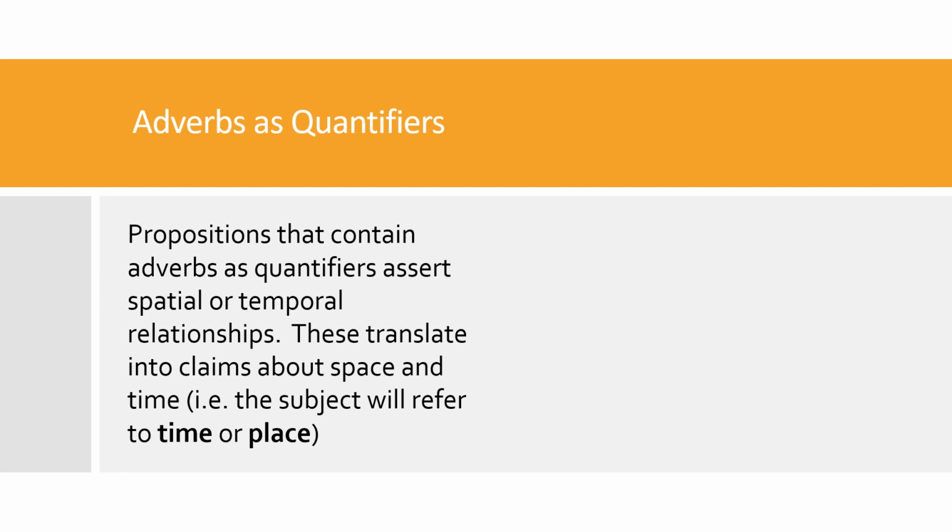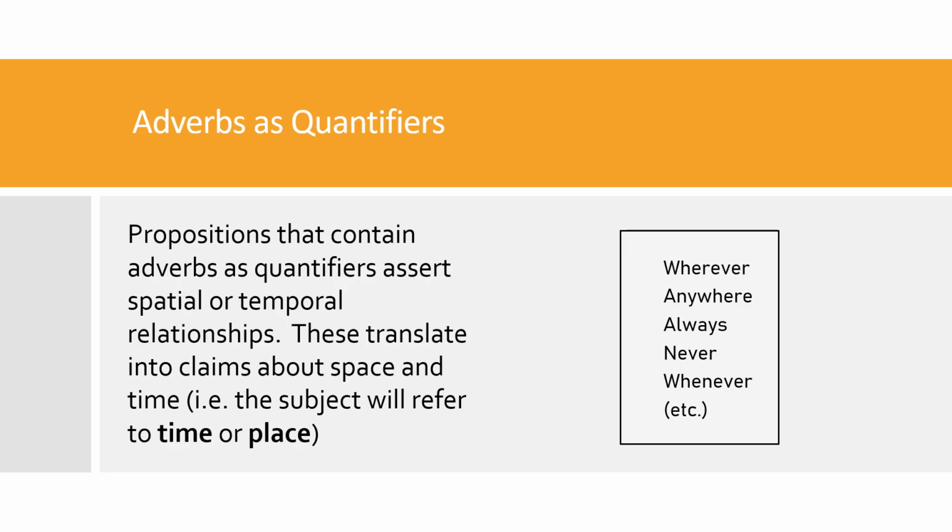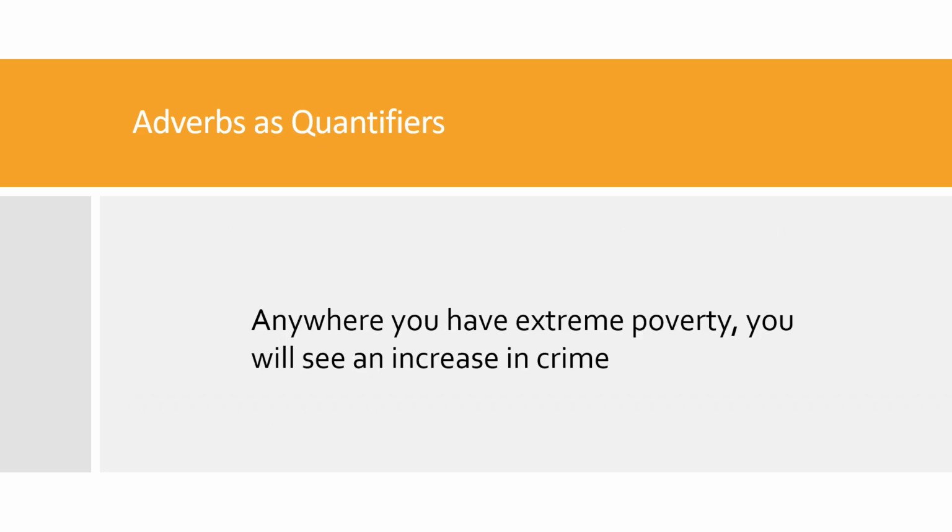Propositions that contain adverbs as quantifiers assert spatial or temporal relationships. And so these will translate generally into claims about space and time, where the subject will refer to times and places. So what kind of phrases are we talking about? Well, things like wherever, anywhere, always, never, whenever, and so on, when these are acting as the quantifier of your categorical proposition.